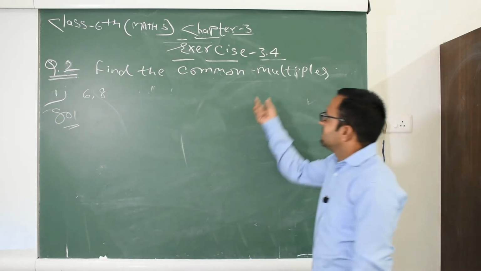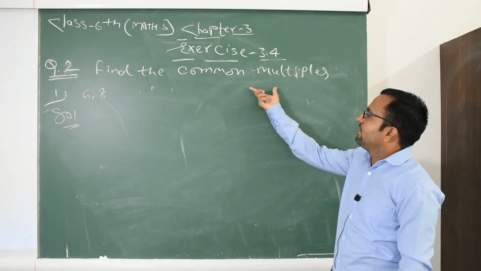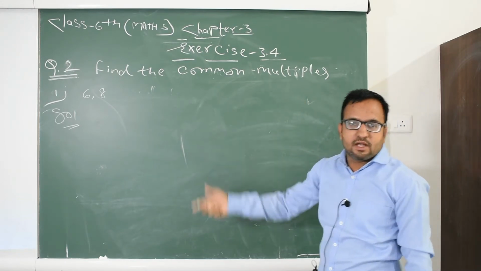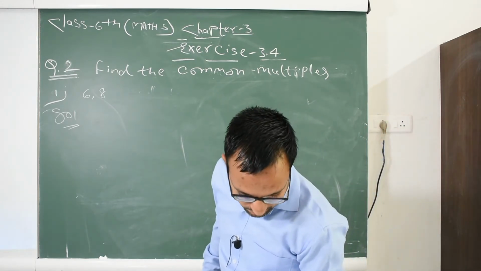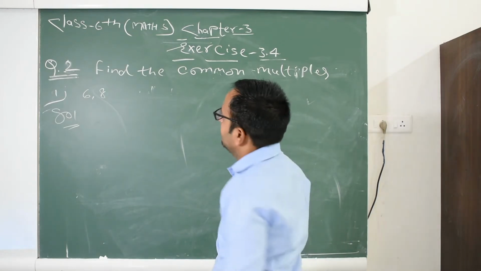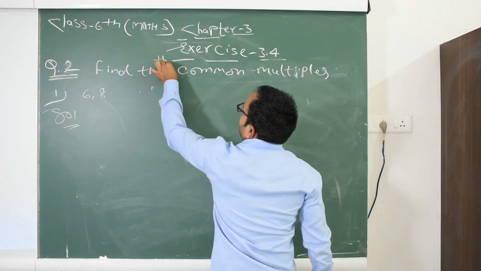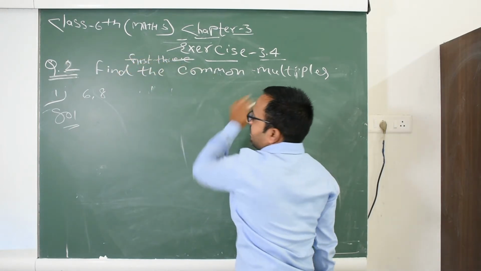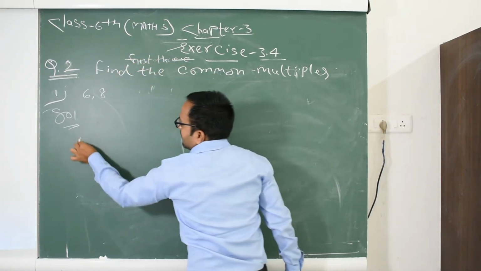Common multiple means we write the table of the particular number. So find the first 3 common multiples.